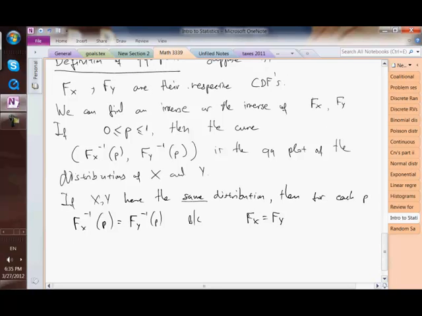In this case, what is the parametric curve, the QQ plot, going to be? It's going to be exactly the diagonal, 45-degree diagonal on the square from 0 to 1.